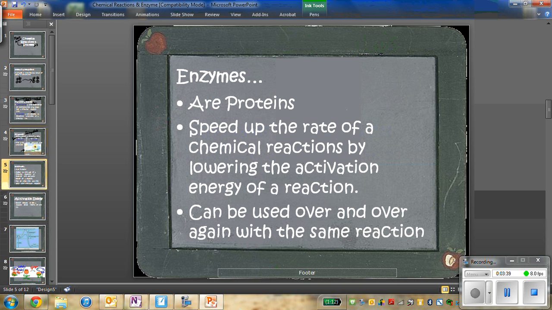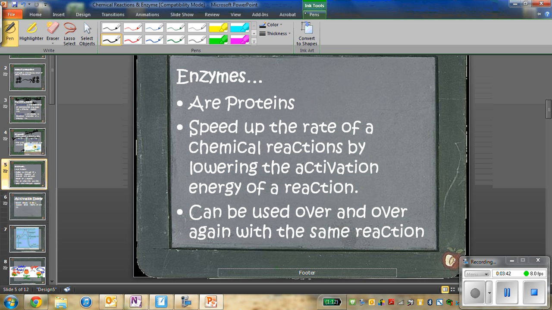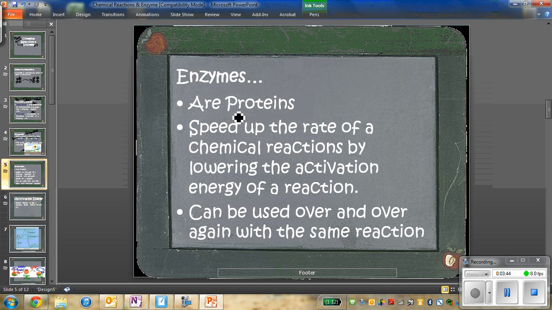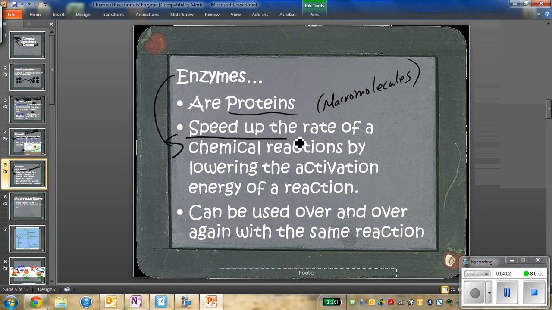If we look at just enzymes in particular, like I said in the beginning, enzymes are proteins, one of the four macromolecules. We've already talked in brief about what proteins do. Enzymes in particular will speed up a reaction. When they speed up a reaction, what they're basically doing is taking the amount of energy needed to get it going, think of starting your car, and lowering that amount.